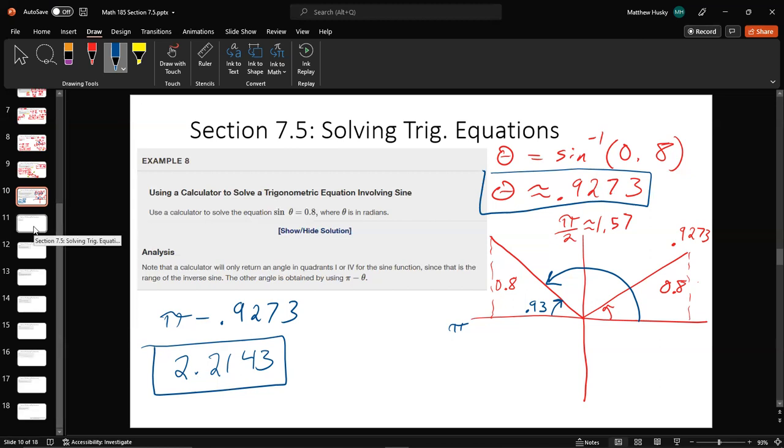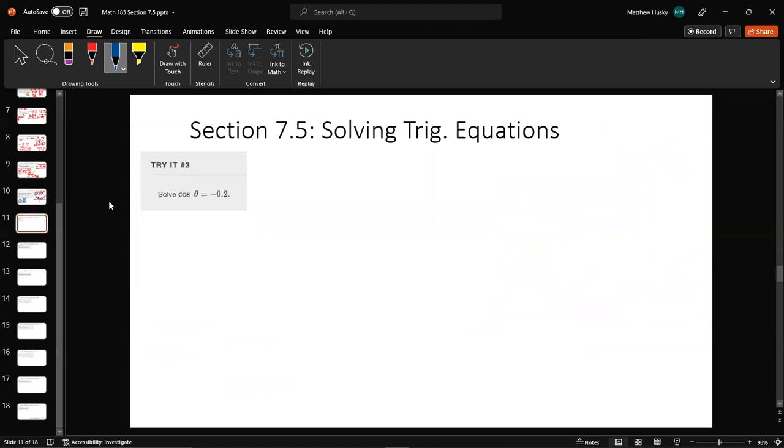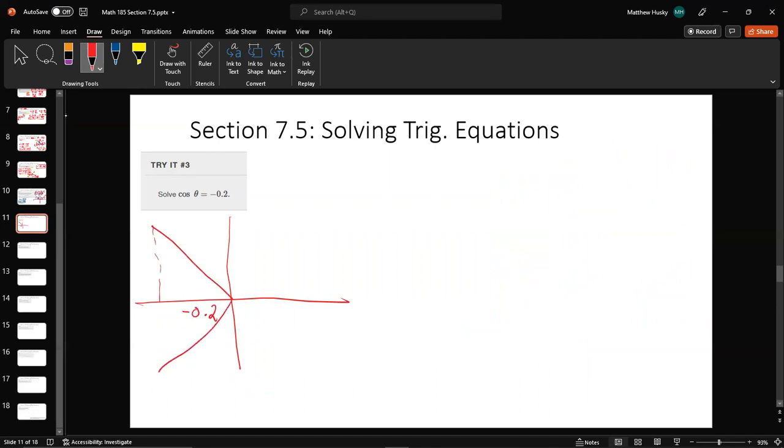All right, let's see what we have next. Here they say solve cosine theta equals negative 0.2. So we're going to do something similar to what we did earlier. So if it's a negative cosine, that's going to put us over here somewhere. This is going to be negative 0.2. And then there will be a secondary solution that's going to be down here somewhere.